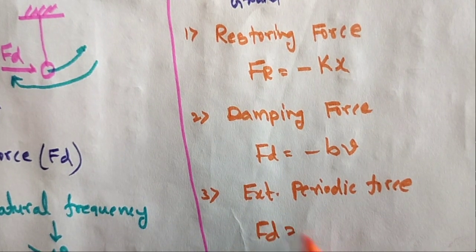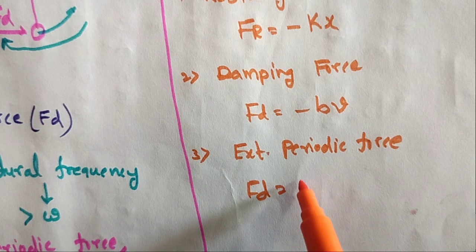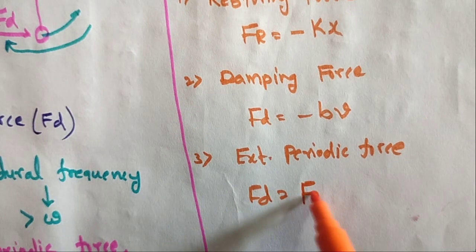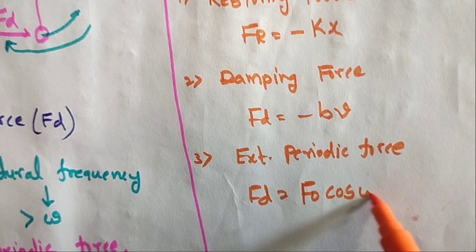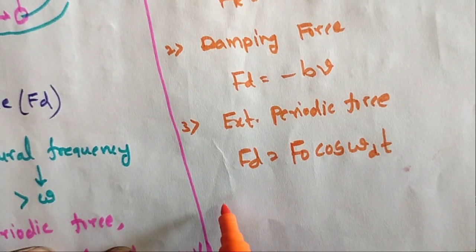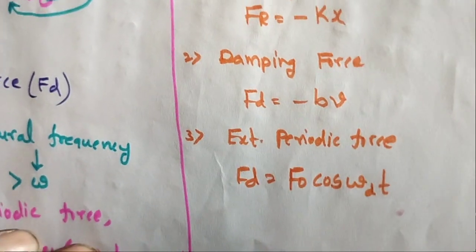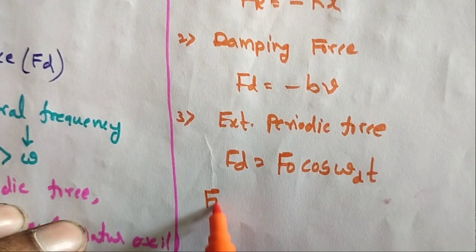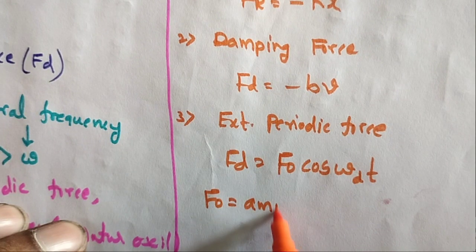That is Fd is equal to F naught cos omega dt. Here F naught is the amplitude.